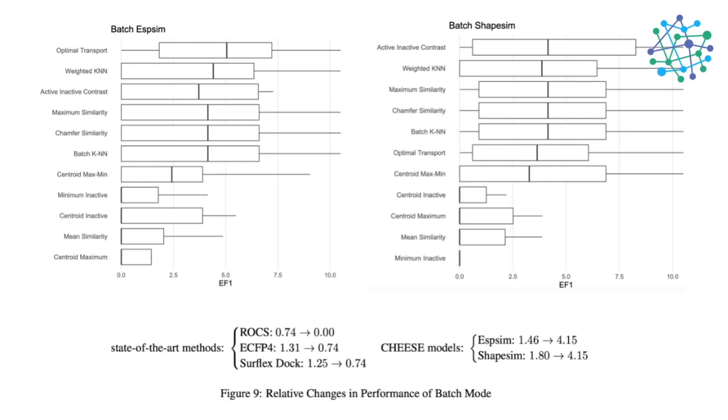I will skip the details, but it might be a super interesting field in future to see in virtual screening which of these metrics is the most performing one, and there's a lot more research to be done. The advantage of CHEESE is that since there are these vector embeddings, it's much easier to implement all the existing methods to do this, whereas with binary fingerprints and Tanimoto similarity, it wouldn't even be possible.